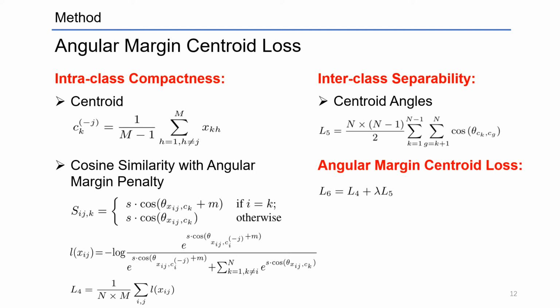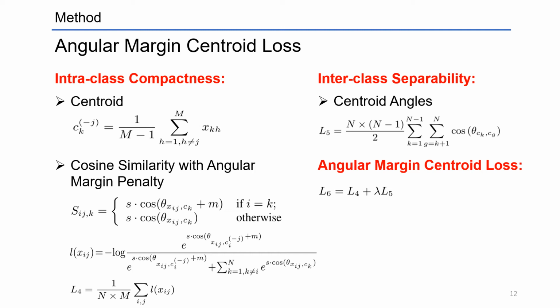First, the loss function directly optimizes the cosine similarity between speaker embeddings and their speaker centroids, and we introduce an additive angular margin to penalize the angle between the speaker embedding and its corresponding centroid. So this angle is far smaller than angles between the speaker embedding and the other centroids.